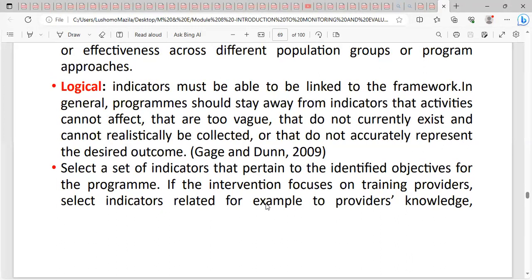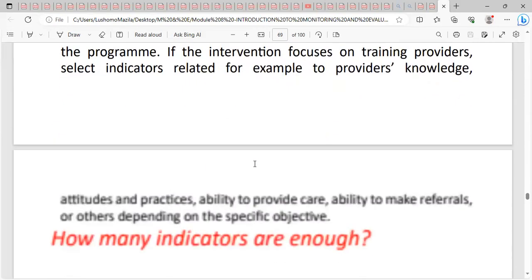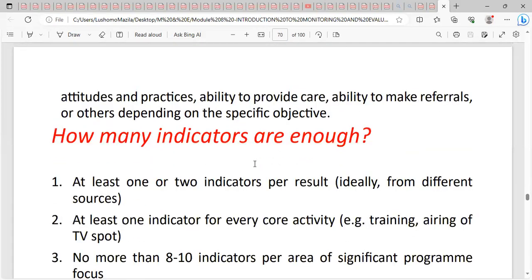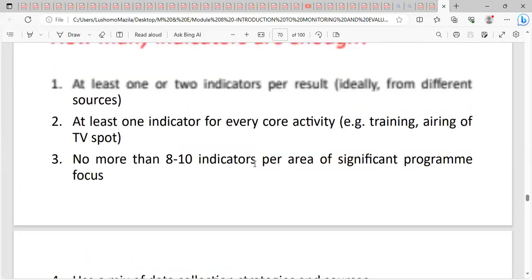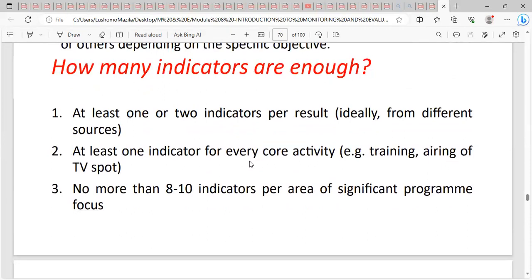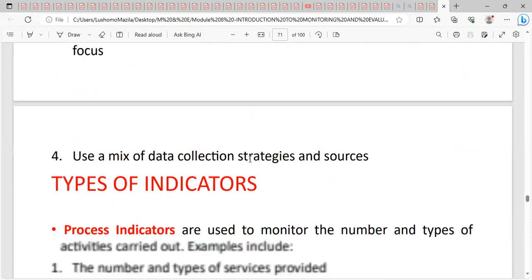If something happens and you are not in the right direction, the indicators are the ones which let you know that you have diverted, you are not on the right track, and then it will be easier for you to get back. We also talked about how many indicators you need.